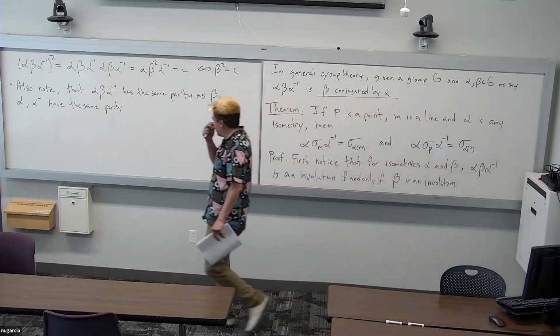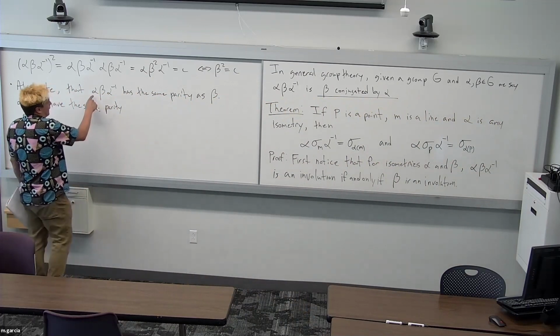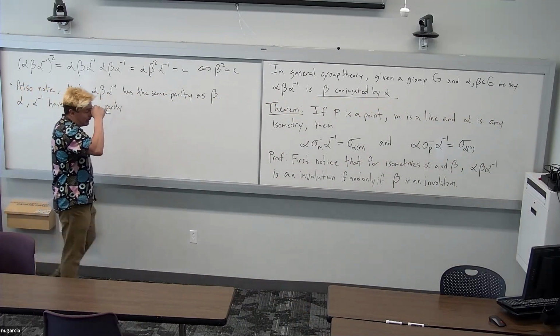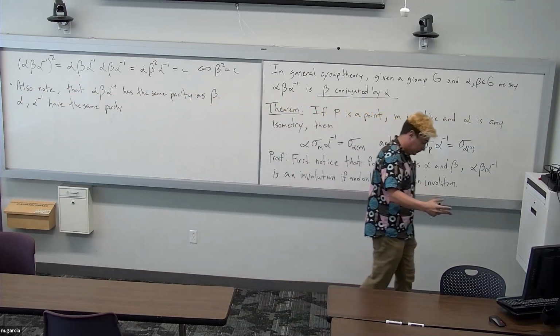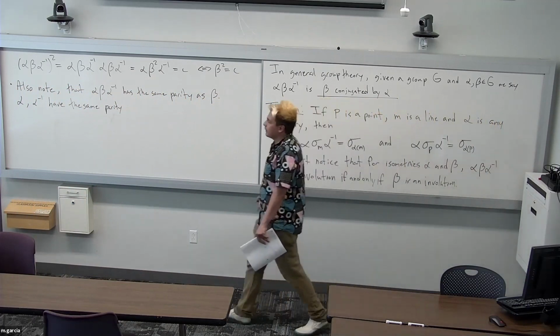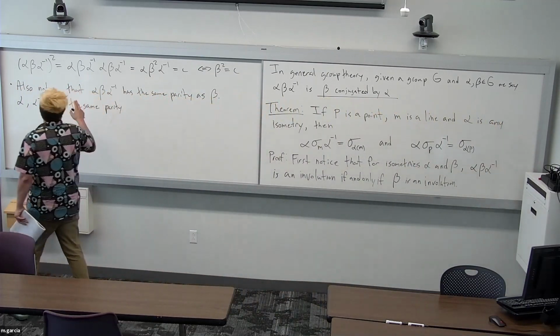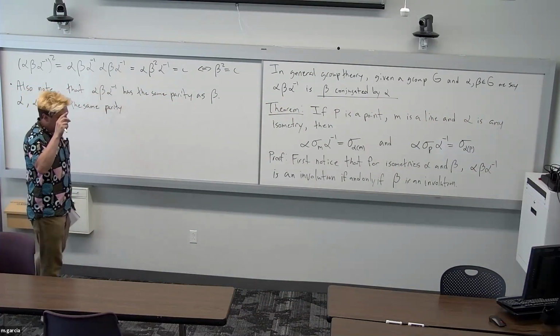Okay? If the parity of alpha was odd, then alpha and alpha inverse contribute two odds, so we get an even. Okay, so no matter what, the number of reflections we're counting from alpha and alpha inverse combined is even.